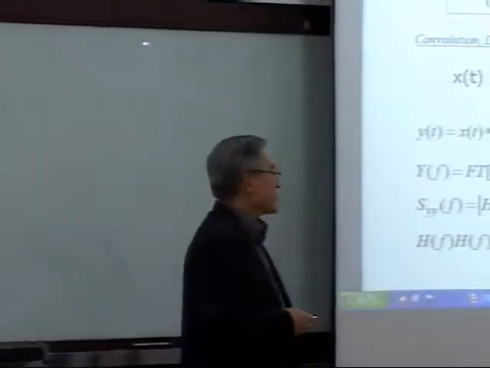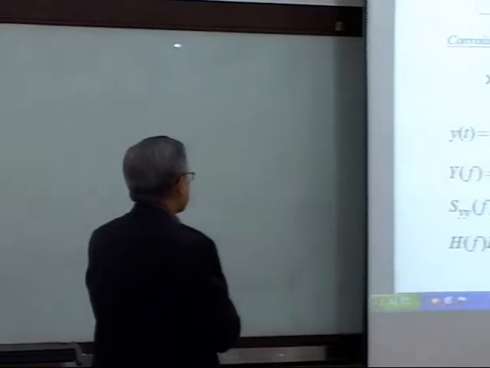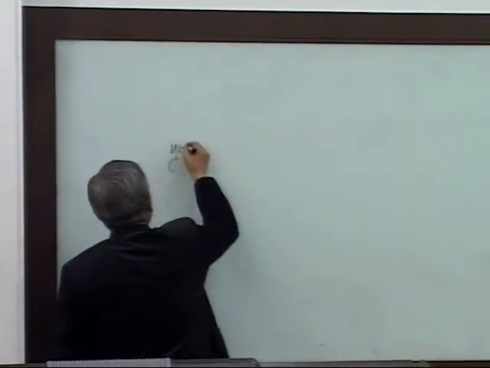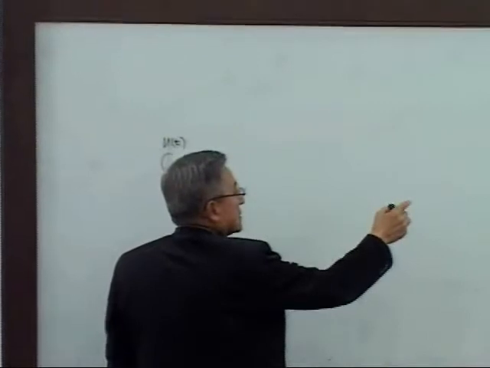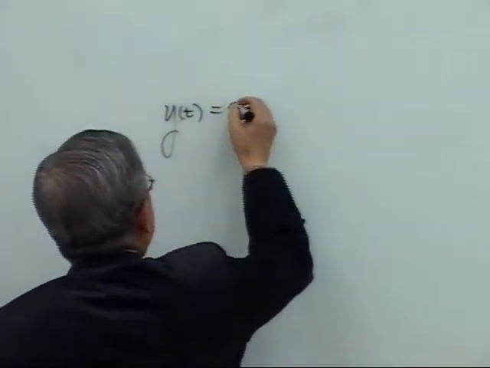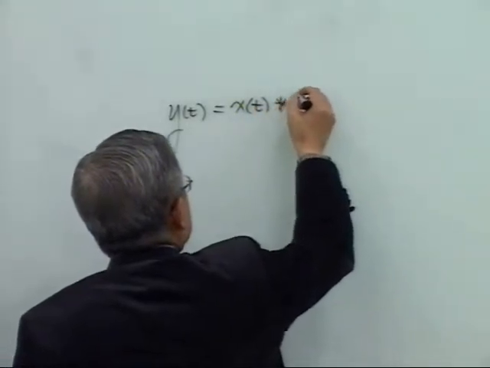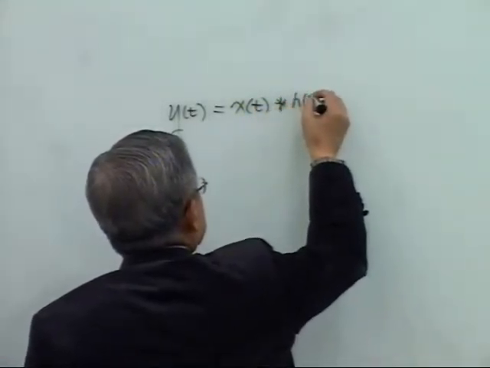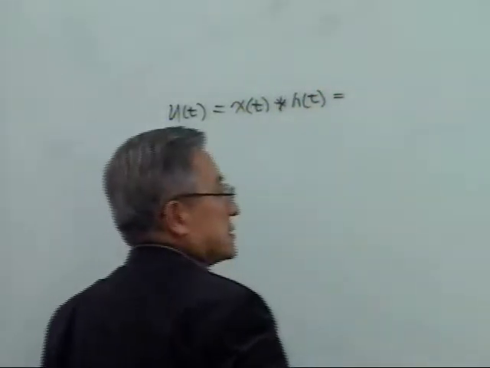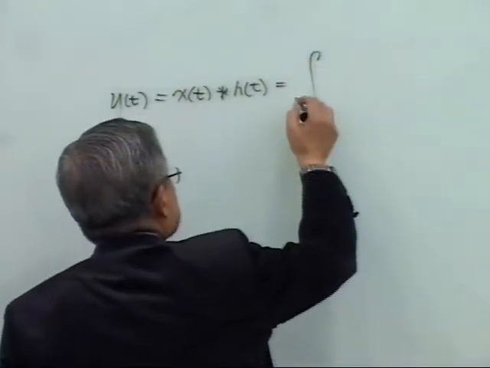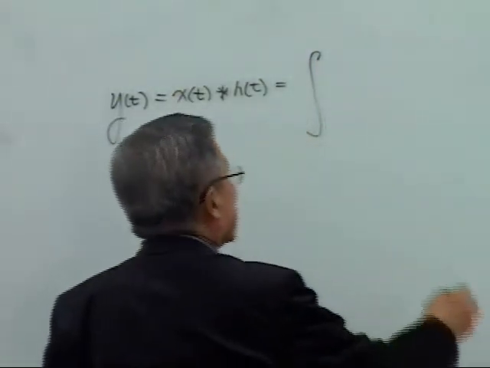Where did you see it? Chapter 1. This is what you see in chapter 1. Y is equal to X of t convolved with, in this case, simply H of t, and the next expression, X of t, still carries as is.